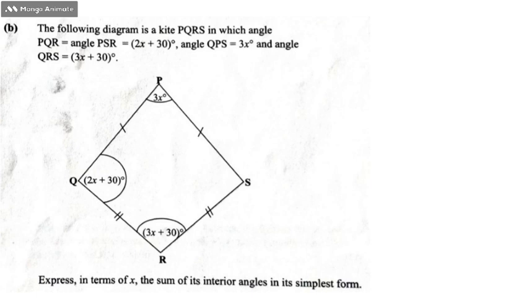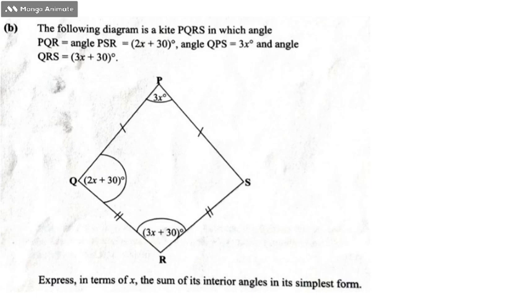actual question, which is: express in terms of x the sum of its interior angles in its simplest form. So this is the question which is asking us what we need to find. First of all, we need to understand the diagram.